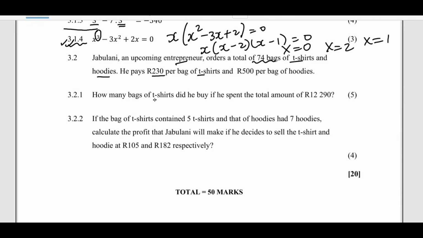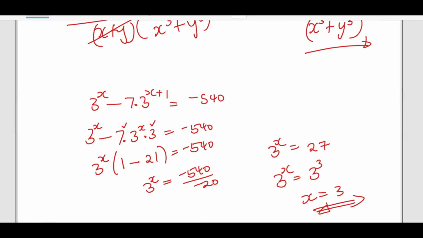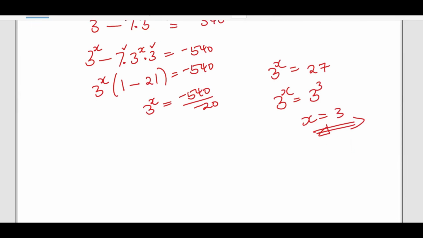How many bags of t-shirts did he buy if he spent a total of $12,290? This is more or less the same question as that of the sheep and the goats. So let's keep the letters, hoodies and t-shirts. If we get the t-shirts T plus the hoodies H, we must get 74.